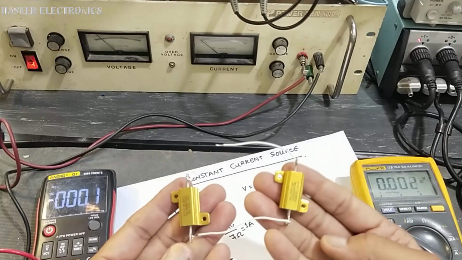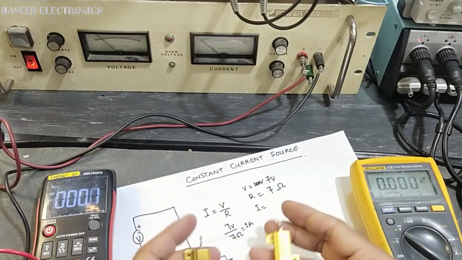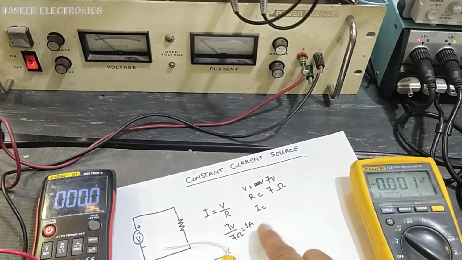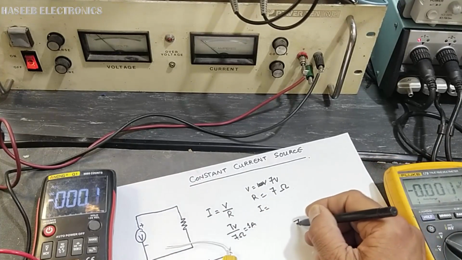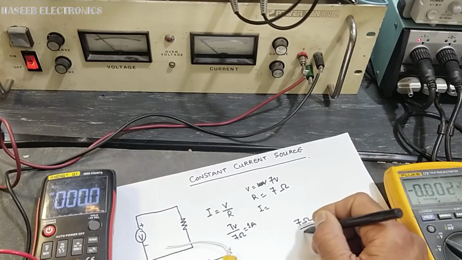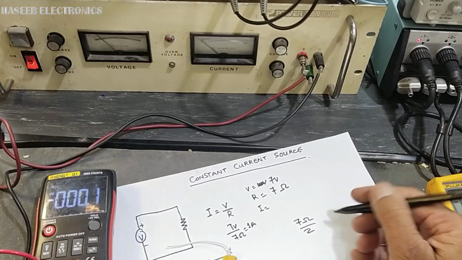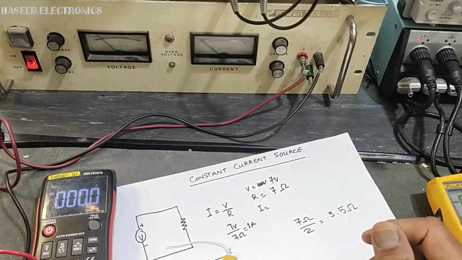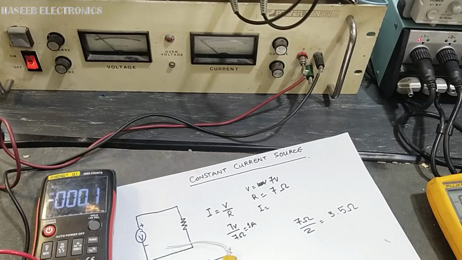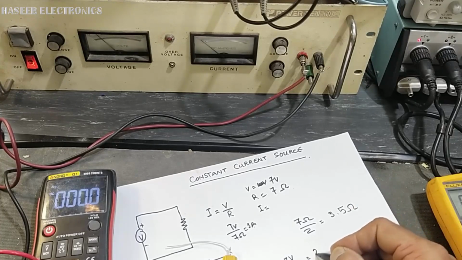When we connect two resistors of the same value in parallel, the total resistance is 7 ohm divided by 2, because 2 in parallel, so it will become 3.5 ohm. When it is 3.5 ohm and we have voltage 7 volt, RT is 3.5, it will draw 2 ampere current.